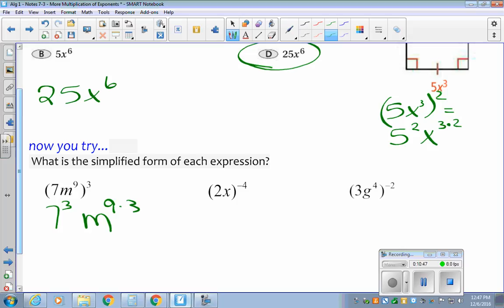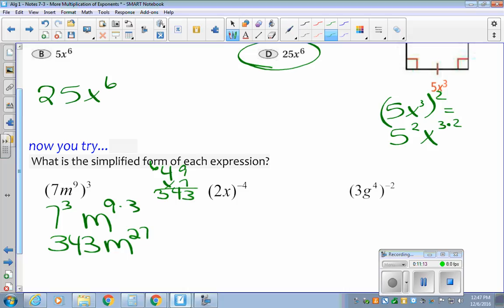So 7 to the 3rd: 49 times 7 is 343. M to the 27.